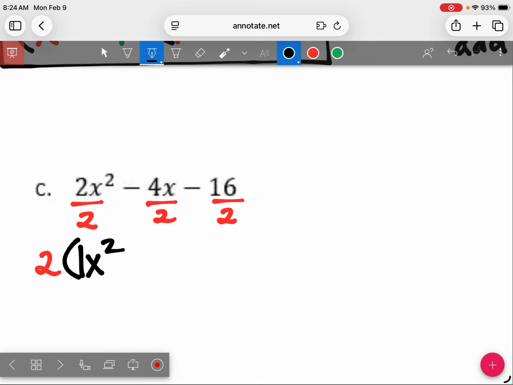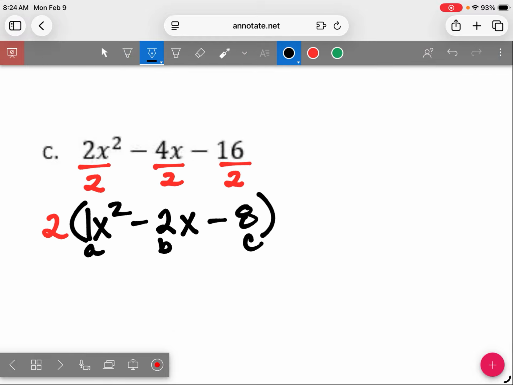Okay, so half of 4 is 2. Half of 16 is 8. So again, this is A, B, C. Again, because A is 1, we don't have to make a box.